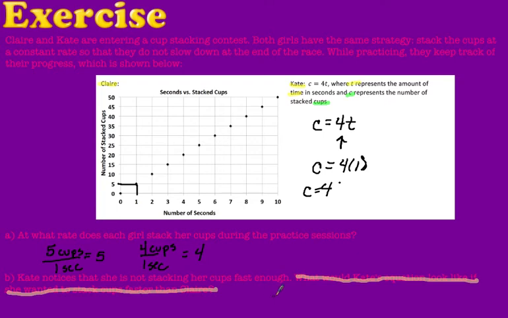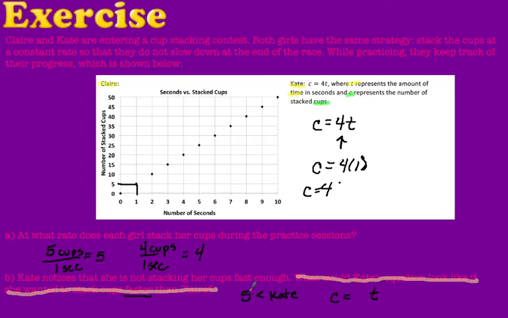Okay, so her equation would need to be, if she wants to be faster than Claire, then if Claire stacks at a rate of 5, her answer needs to be bigger than 5. So what that means is the C would be the same and the T would be the same. We're still going to multiply the unit rate by T to find the number of cups.